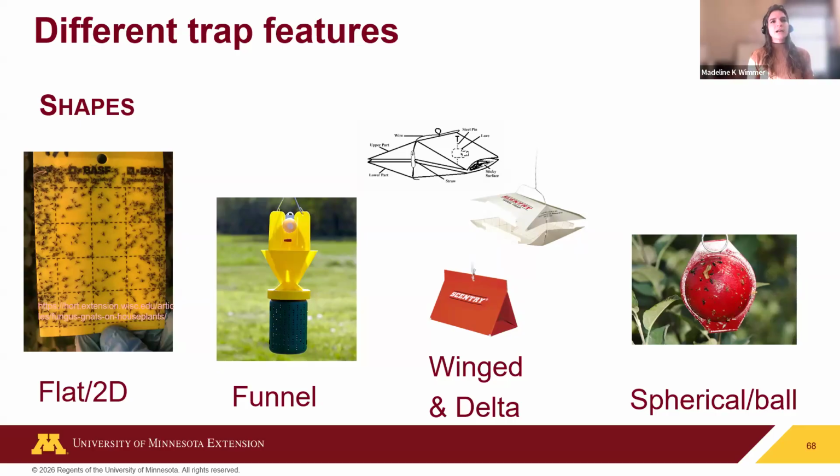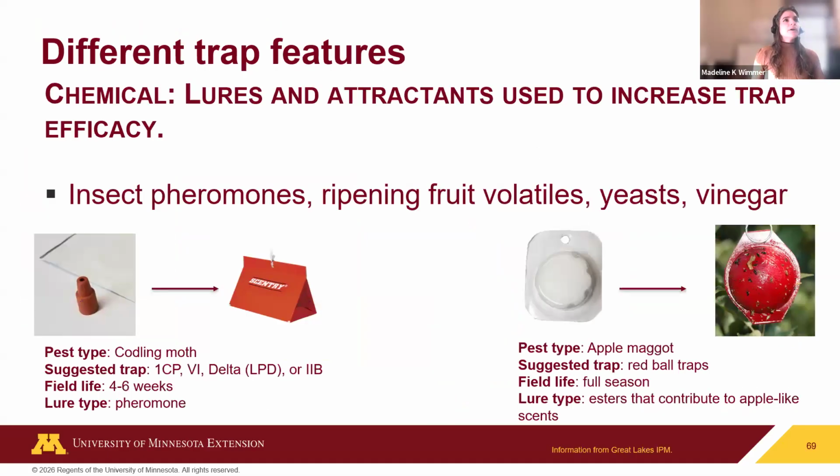Winged and delta traps are used for codling moth, a lot of moths or lepidopteran pests. These can be really helpful for them, and they work well because of their shape. And then also the spherical sticky ball trap, which is often used for apple maggot. So, different trap features, right?